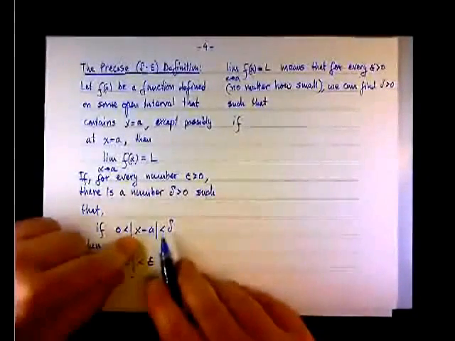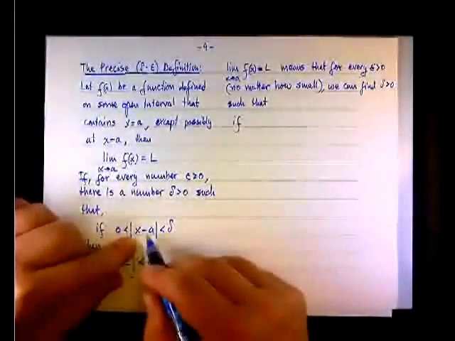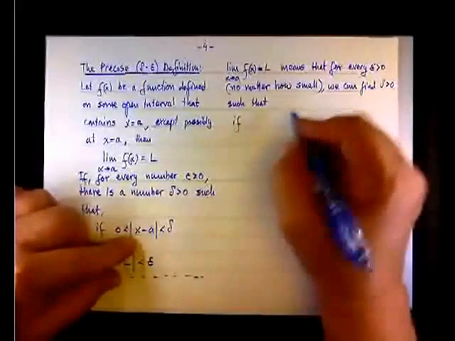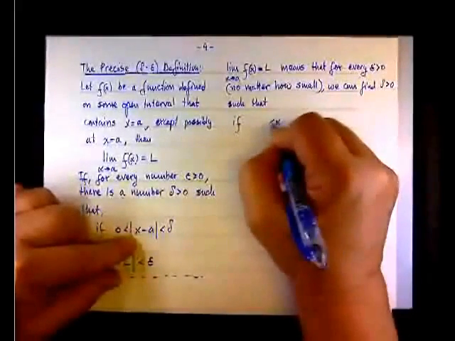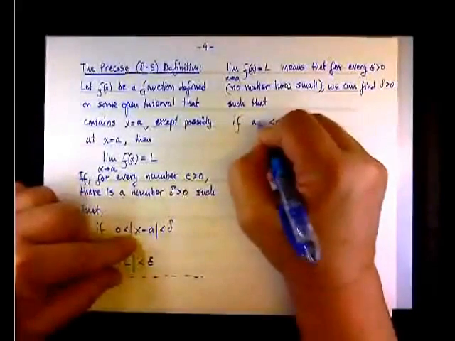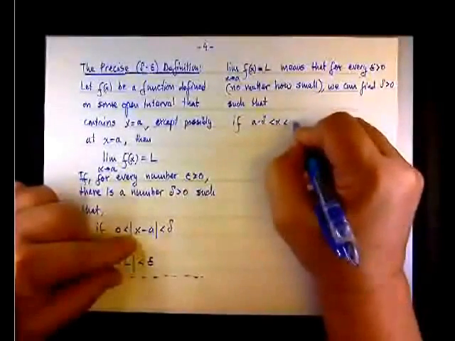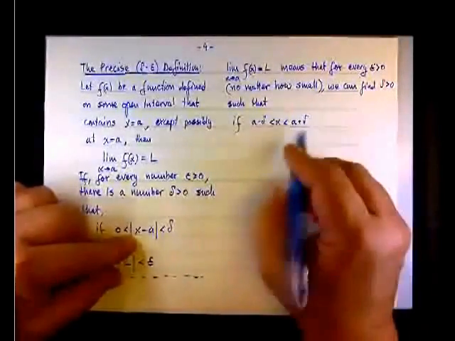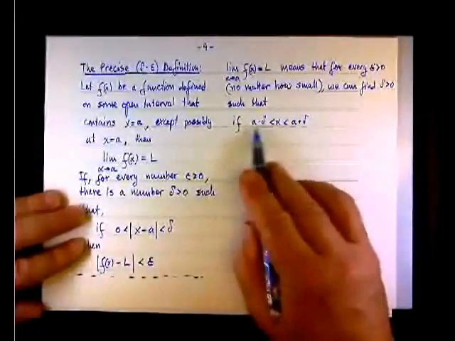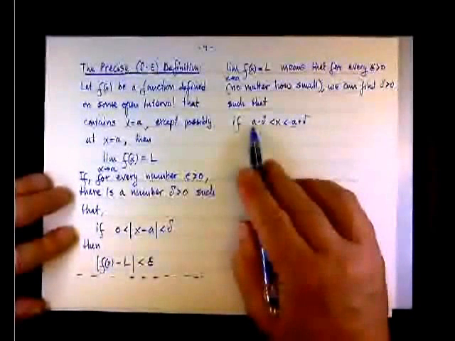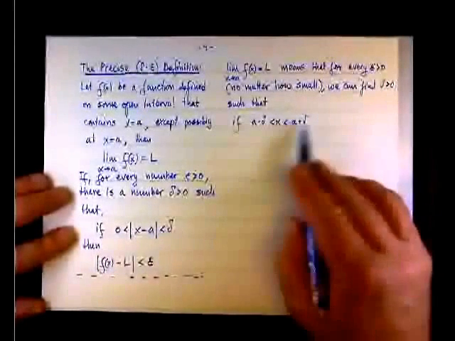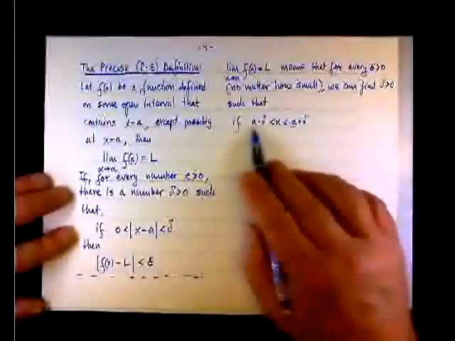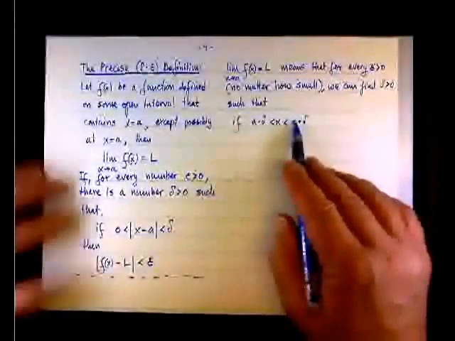instead of writing it like so, this can be broken up. Remember how we started it? We can say that x can be greater than a minus delta and less than a plus delta. Remember, a was 3, so we said x can be a value between 3 minus delta and 3 plus delta. This is the tolerance of the input.